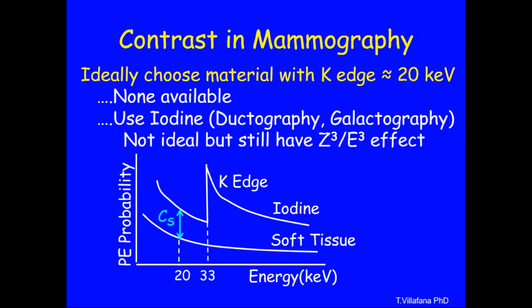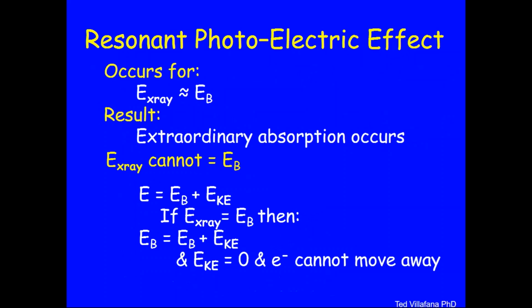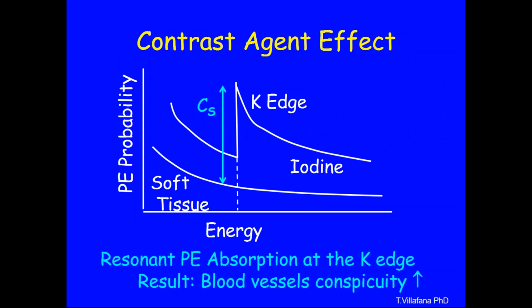The question comes up, when you choose a contrast material, the trick is to choose a material whose binding energy matches the energies of the X-rays that you're working with. So let's back up a little bit to this here. Remember we saw that the K-edge was 33. Why do we use iodine for contrast media?